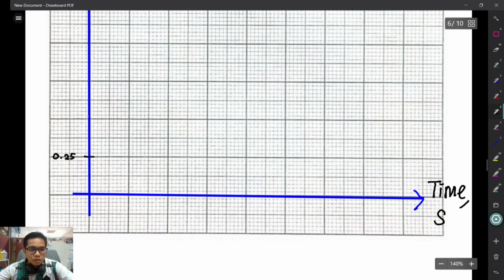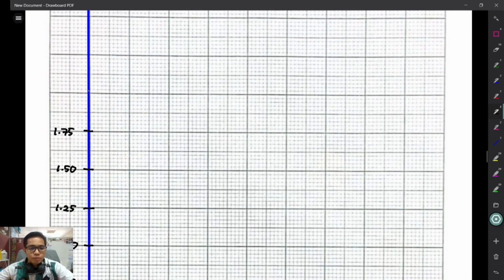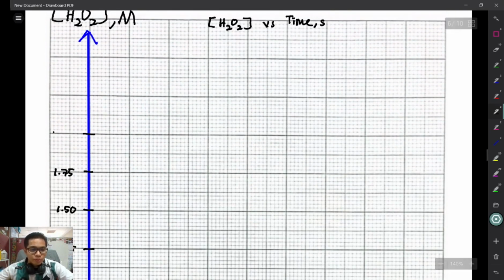Here 0. Make it a bit bigger. 0.25 here. On the middle line, 0.50 here, 0.75 here, 1.00 here, 1.25, 1.50, 1.75, 2.00, 2.25, sorry, 2.50.